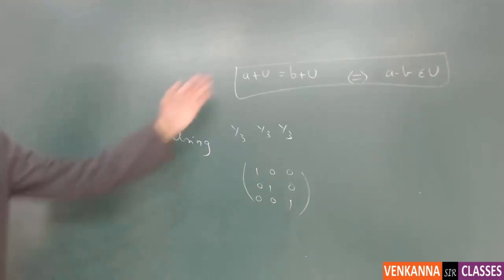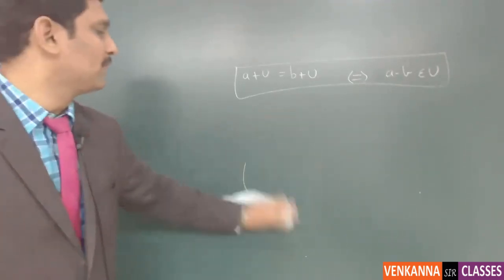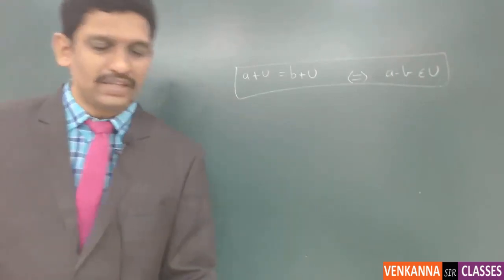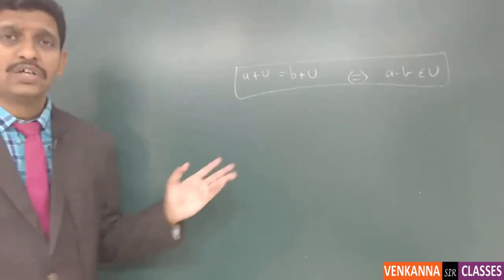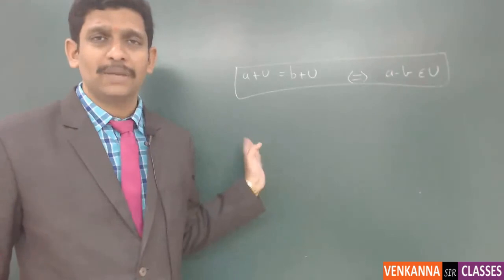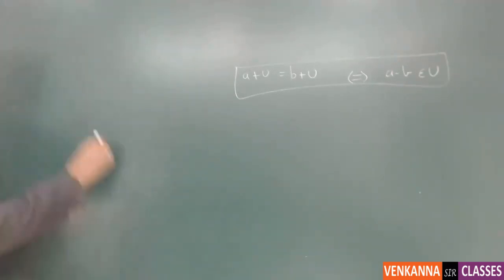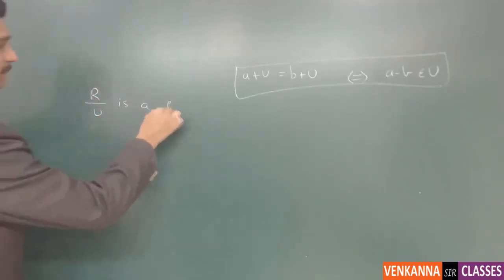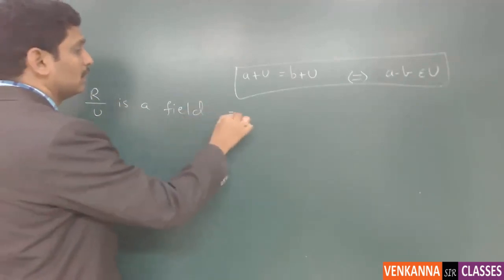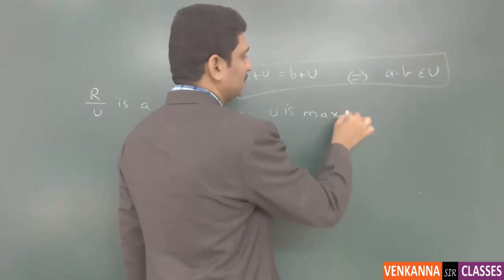Fine. So coming to this part, whenever two cosets are equal, then the difference between them will belong to the ideal U. So this result we make use of in proving the present one, which is a very good result asked in the previous year papers. So R by U is a field if and only if U is a maximal ideal.